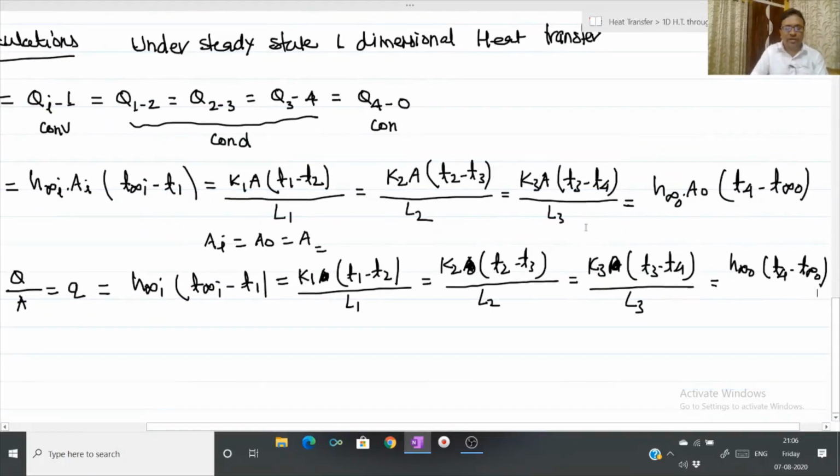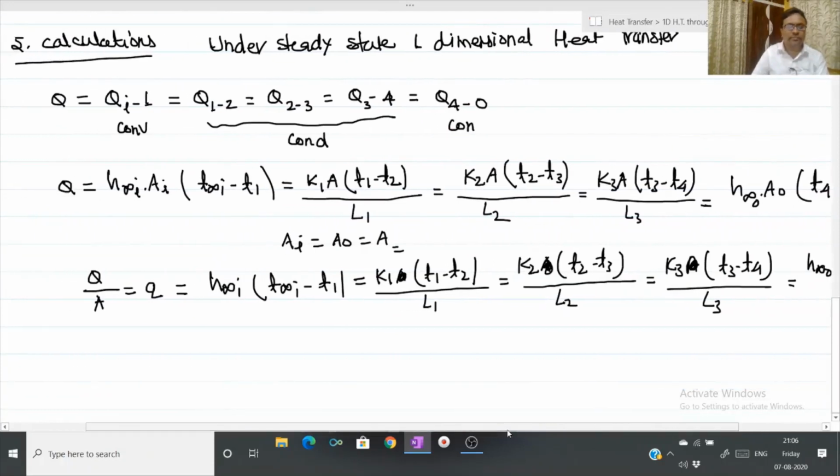Now we can further rearrange this equation. So now hereinafter I am going to take a small q, that is heat flux rate. Now let us rearrange all these equations in the form of temperature difference and thermal resistance. So it can be written as 1 over h infinity i.